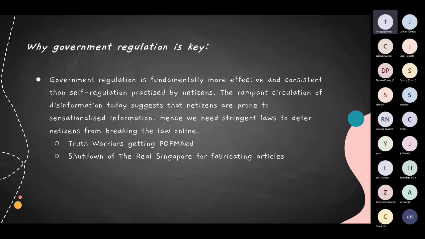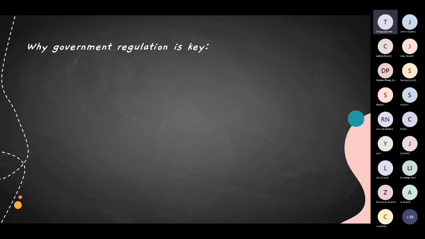So both examples are a prime example to show how the government has stepped in to make sure that fake news is not circulated as rampantly. Okay, next slide.